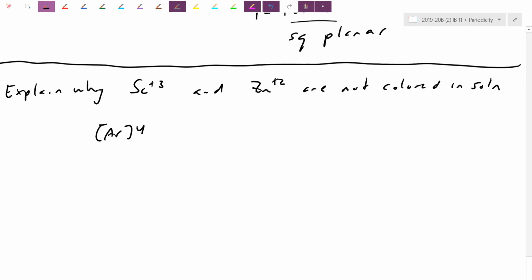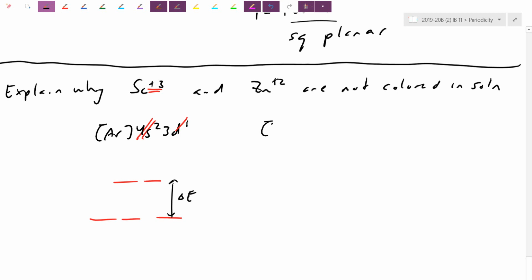Scandium would have been argon, 4s2, 3d1. Having lost the 3 electrons for the stable charge, I lose 1, 2, 3. I might still get the splitting as earlier, as long as ligands surround it, but I have no d electrons at all. Even though the gap is in the size of the visible region here, I have no one willing to actually jump the gap. There's no d electrons.